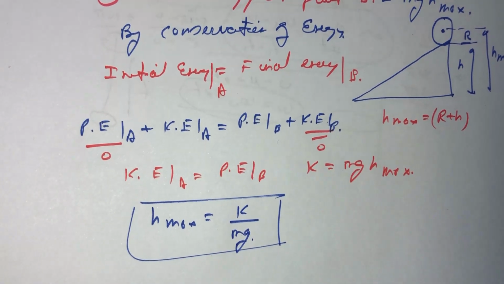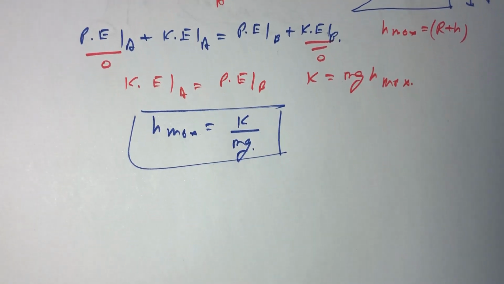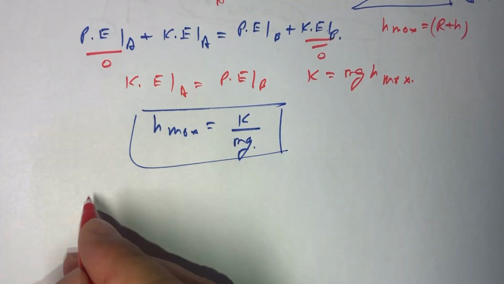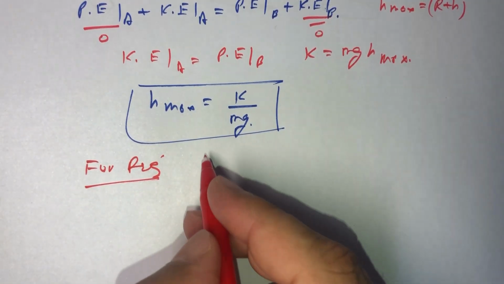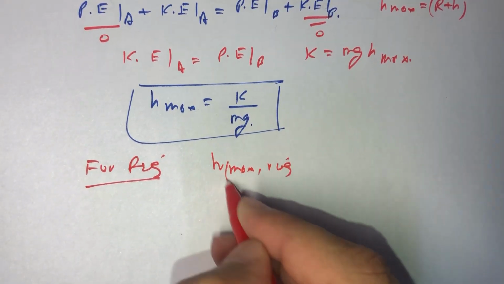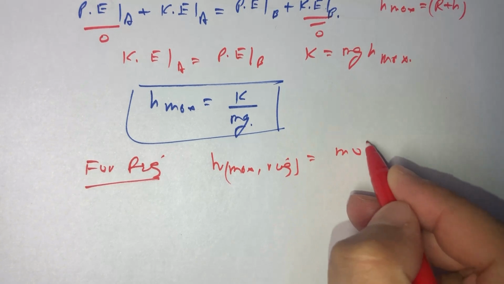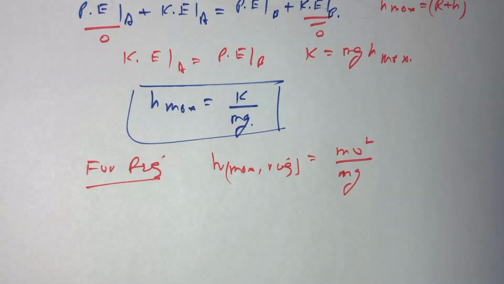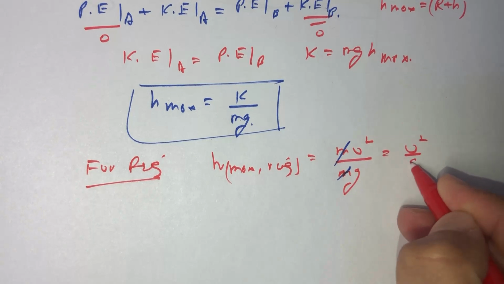Now we are going to use the values which we found out for various objects. So first is for our ring. For ring, h max for ring is equal to the energy for ring, mv square, divided by mg. m and m cancel out, so this comes as v square by g.